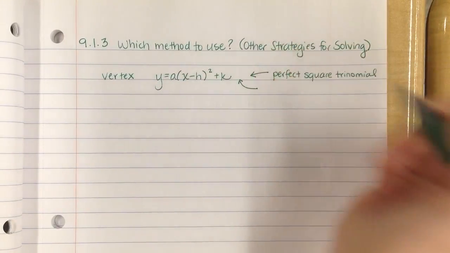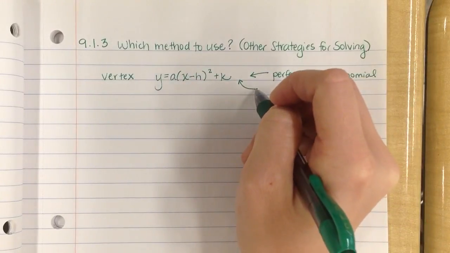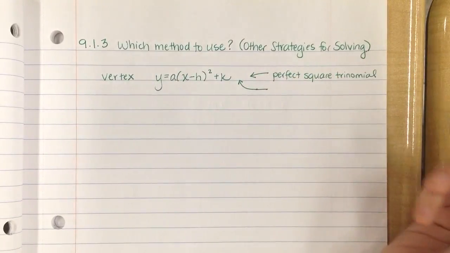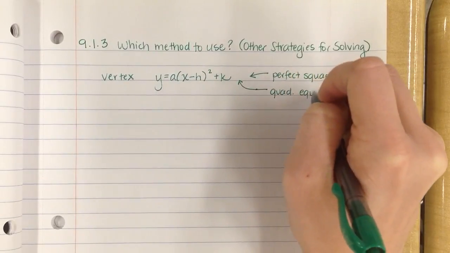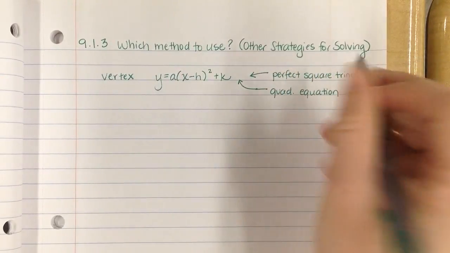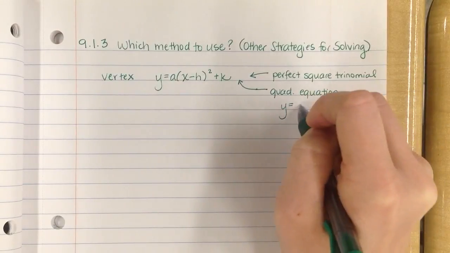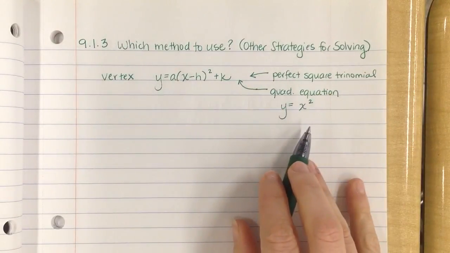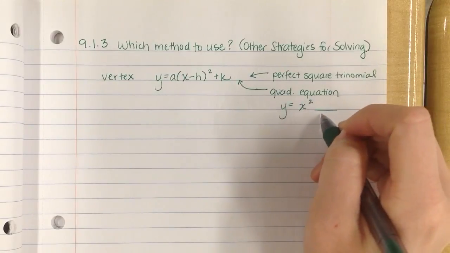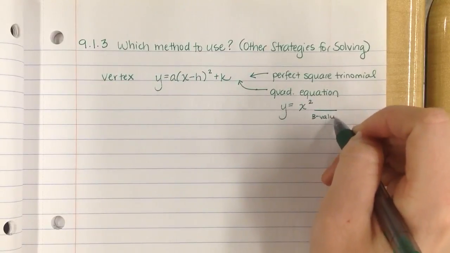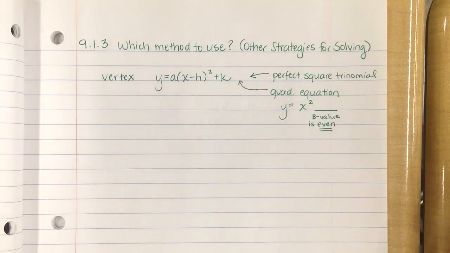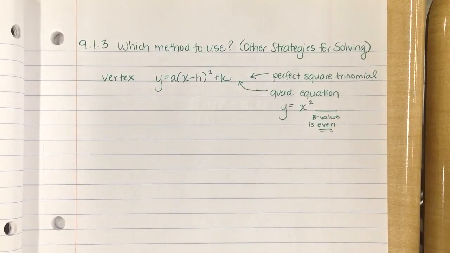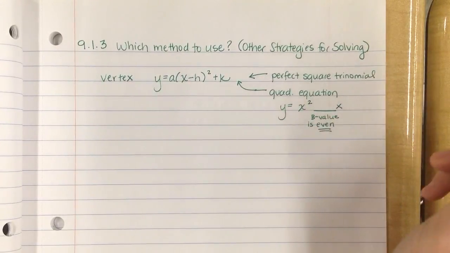The other situation that might be simpler to use vertex form would be if we have a quadratic equation that has the x squared all by itself, meaning that we have an equation such as y equals x squared, and then whatever the b value is, if it's an even number, like 2, 4, 6, 8, or -2, -4, -6, -8, all with the x attached.